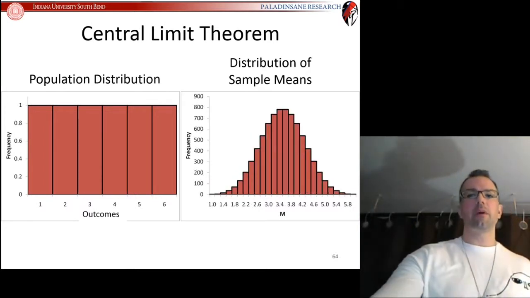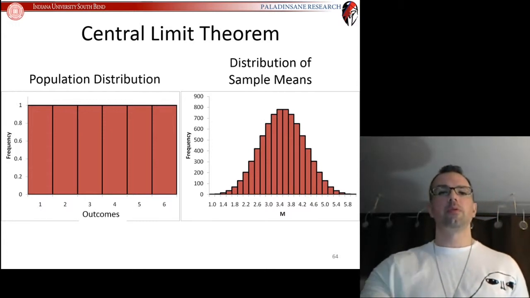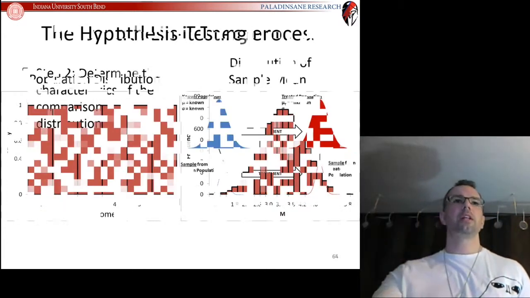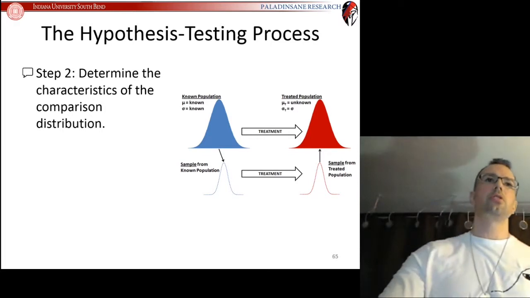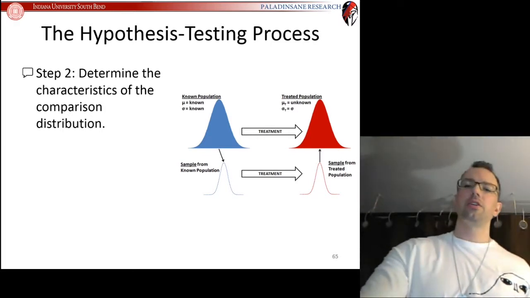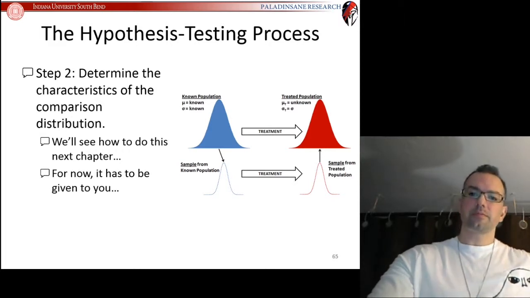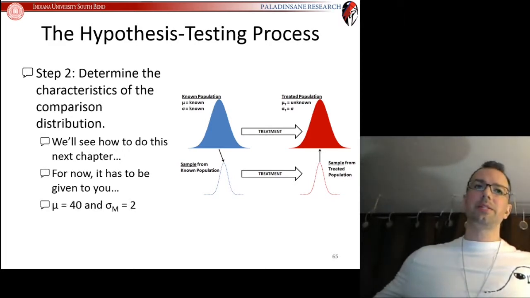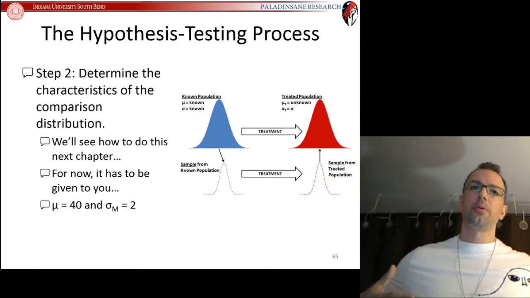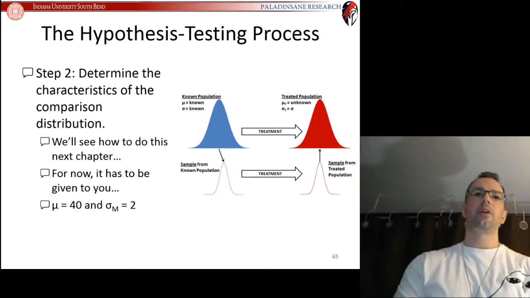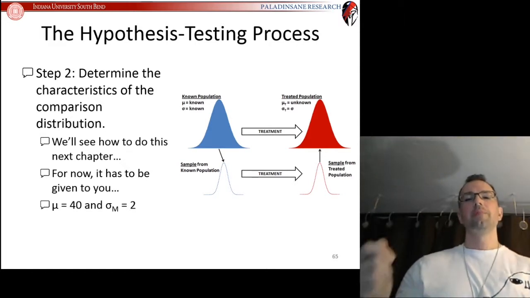So make sure that you keep that in mind. It's going to become more and more important as we move on. So we're going to be determining the characteristics of our comparison distribution in step 2. We're going to learn how to do that next chapter. For now, I will be giving you that information. And lo and behold, it's still the same as we had it in the first go through. So it's still got a mean of 40 and a standard deviation of 2.